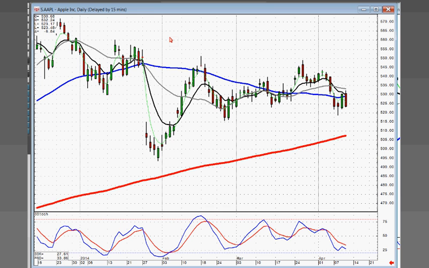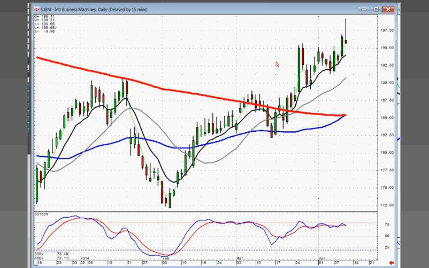So I wouldn't be trading Apple until it breaks out of this wedge, because you're going to get whipsawed. Let's see. We'll take a look at a couple of the biggies anyways, and then we'll call it a night. And I apologize for the technical problems, but that's the Internet.